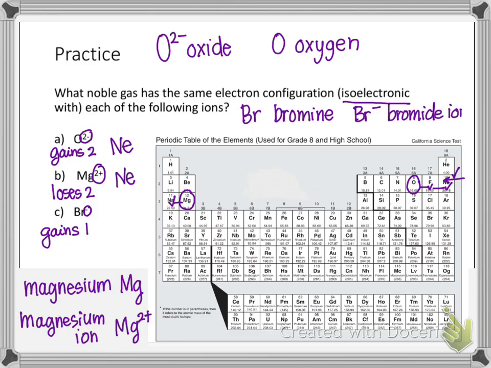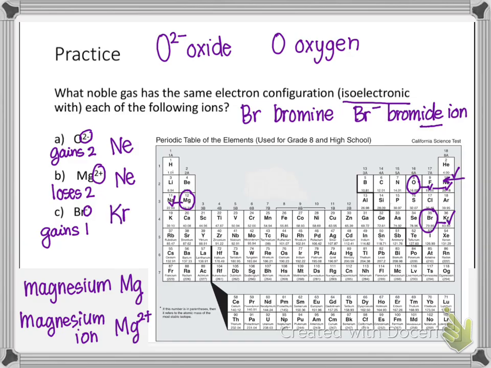So as we start to use the correct language with these ions, the anions change the ending of the element to IDE. So that's bromide. So it's gained 1 electron. So I find bromine here, and it gained 1 electron, so it would have the same electrons as krypton, which is Kr.